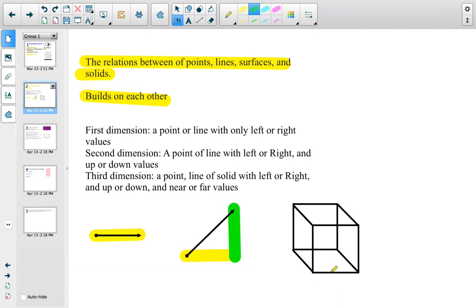And finally, with a 3D object, let's color coordinate these. There's a left-right value to it, an up and down value, you can see, but also a near and far value. So those three make it a three-dimensional object.